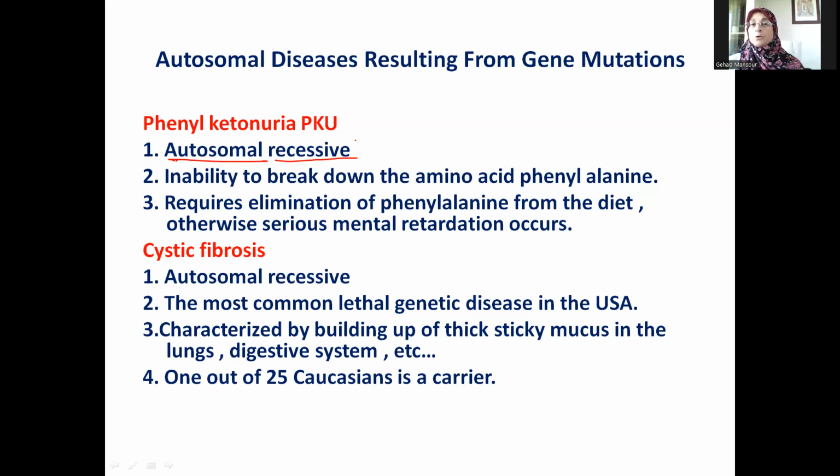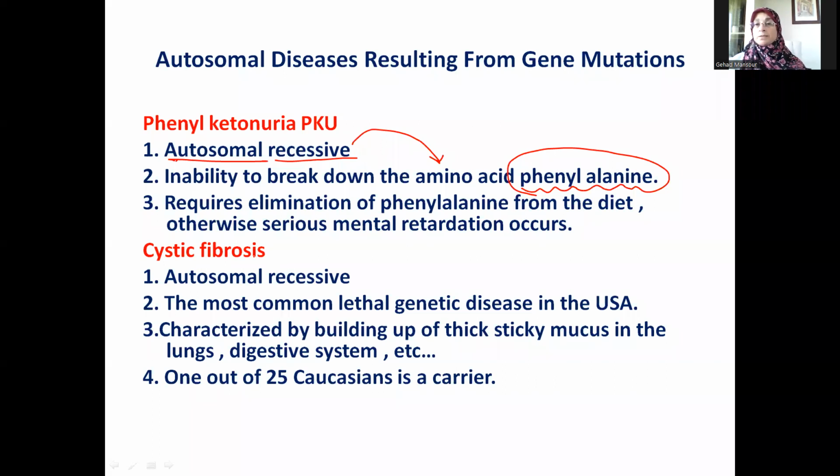And when you have this recessive mutant gene, you cannot metabolize the amino acid phenylalanine. You cannot break down phenylalanine, and therefore there will be accumulation of phenylalanine in the human body, and this will result in mental retardation unless you completely eliminate this amino acid from your diet, which is a difficult task.